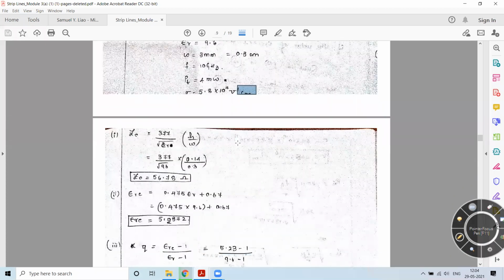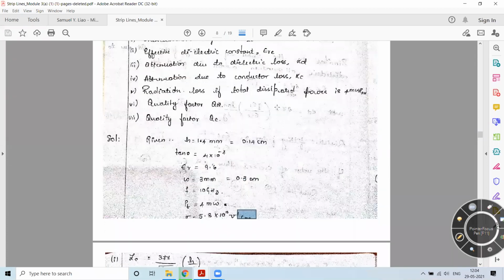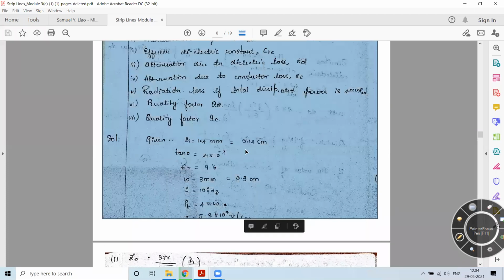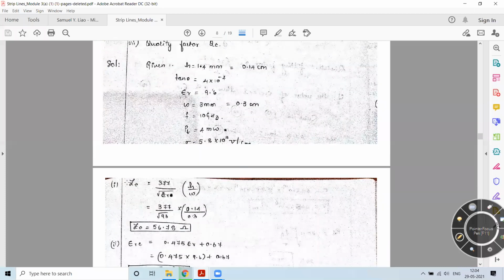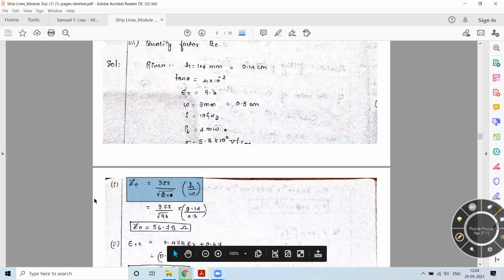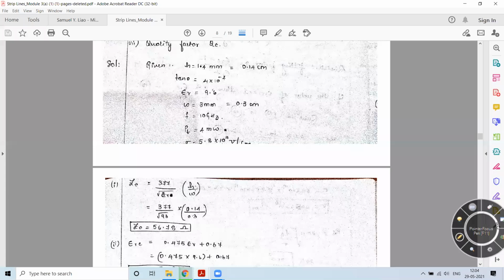Now, to identify Z0 based on the W and H values, we check whether W is greater than H. Since 0.3 is greater than 0.14, that equation holds true, and we make use of the second equation we had represented. Here, Z0 is equal to 377 divided by square root of epsilon r into h by w.